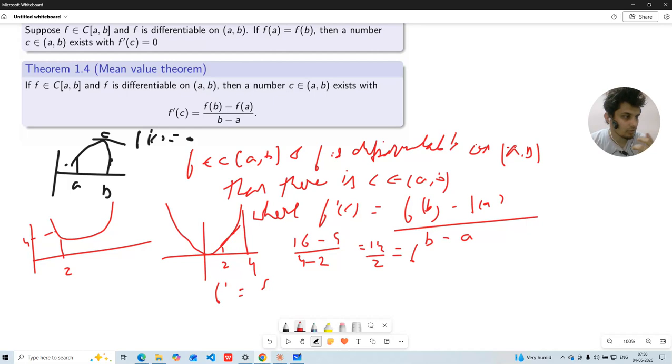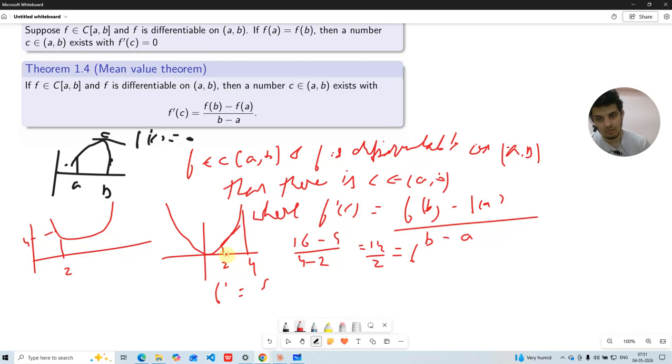If something moves smoothly from point A to point B, there is at least one moment where its instantaneous speed equals the average speed. This is what it means. The secant line connects two points, with no sharp corners or cuts. It says somewhere between A and B, the instantaneous slope is equal to the average slope.